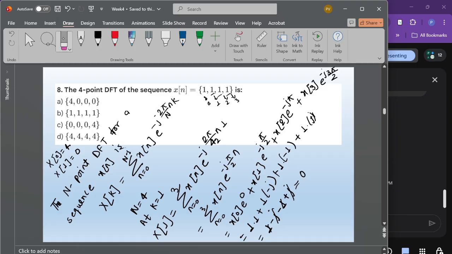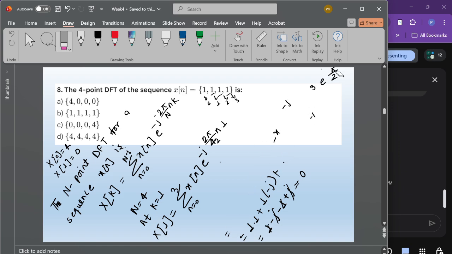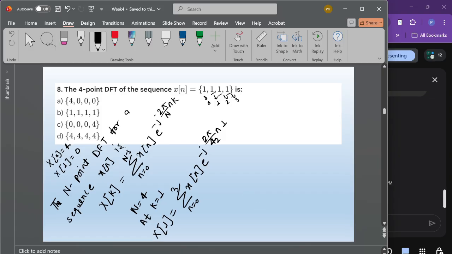Now similarly we need to calculate for k is equal to 2.